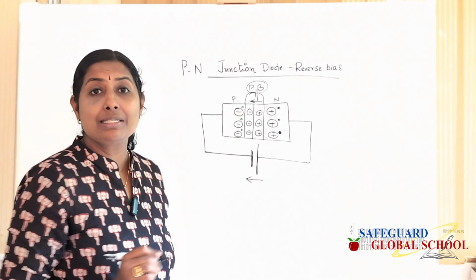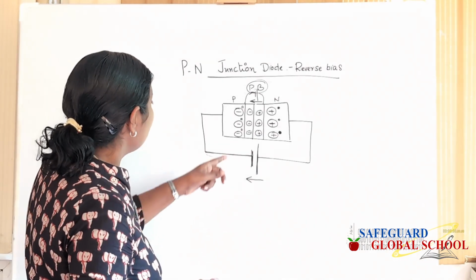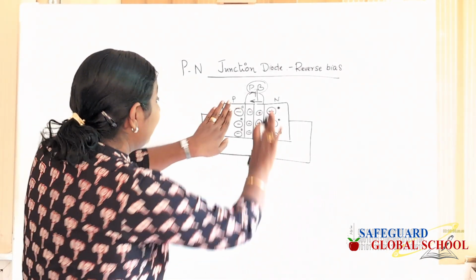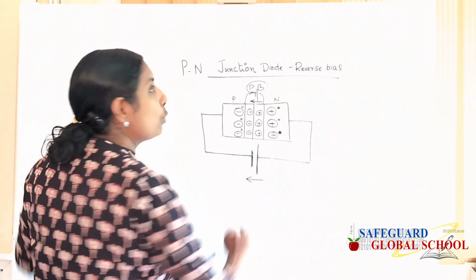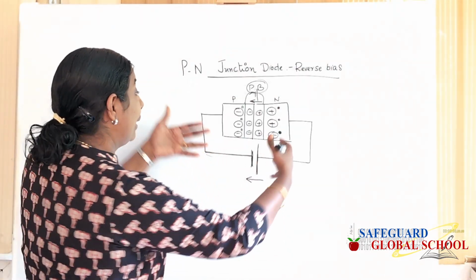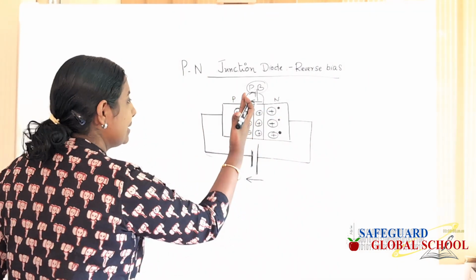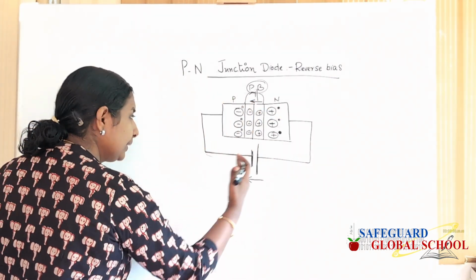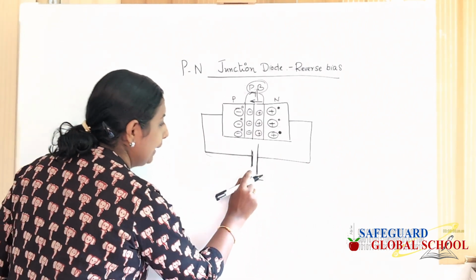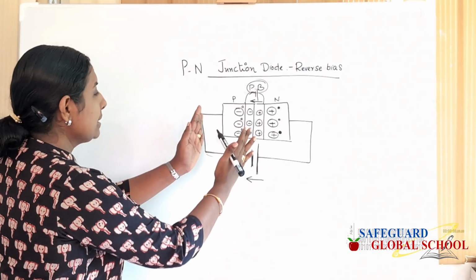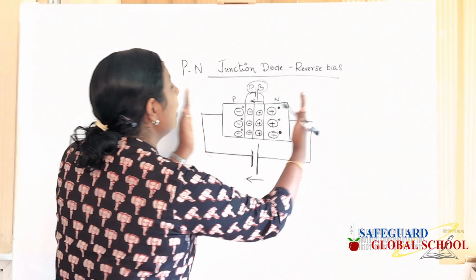So what happens in this case is that as they are attracted to the opposite sides, there is no interest for them to cross the junction. They will be moving in this side, and these holes will be moving to this side as they are attracted towards the negative terminal. So what happens is that they move farther from the junction.